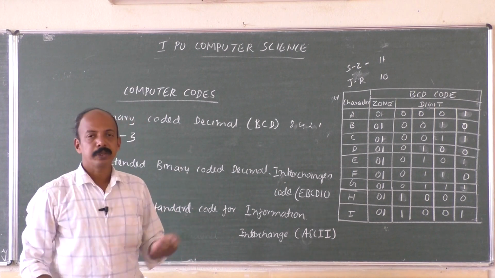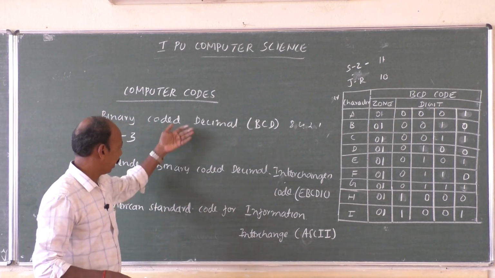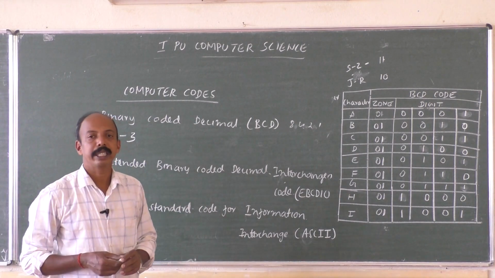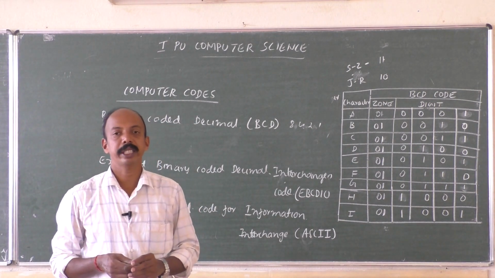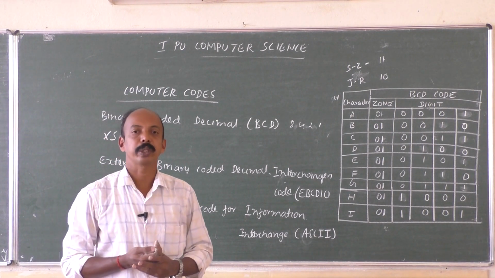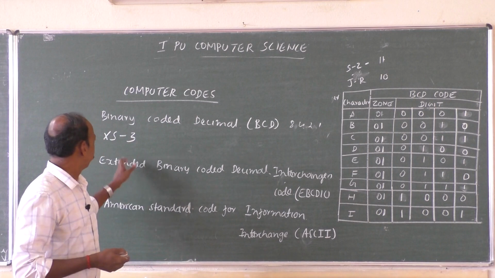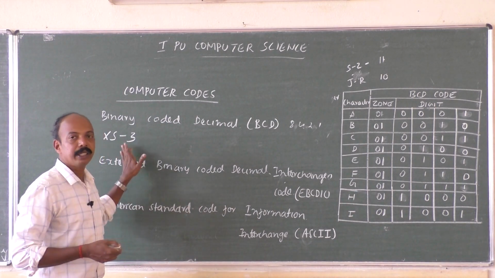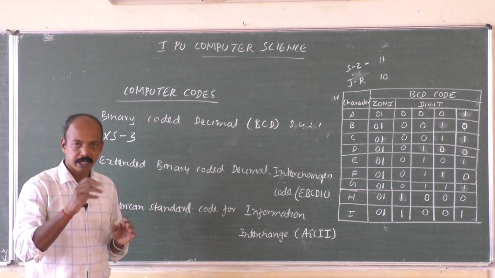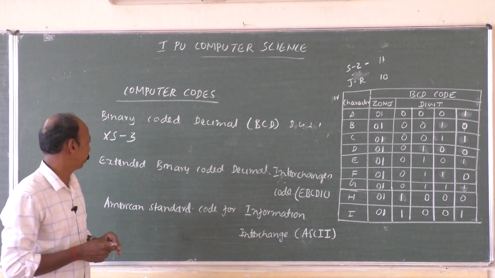We have different types of codes, but for our study we have these 4 types. One is binary coded decimal, also called weighted binary coded decimal or 8421 code. The other one is Excess 3 code.